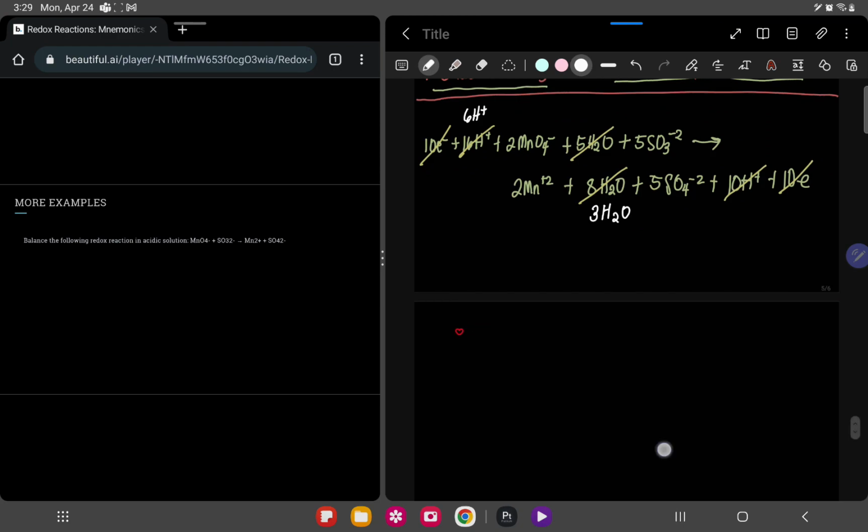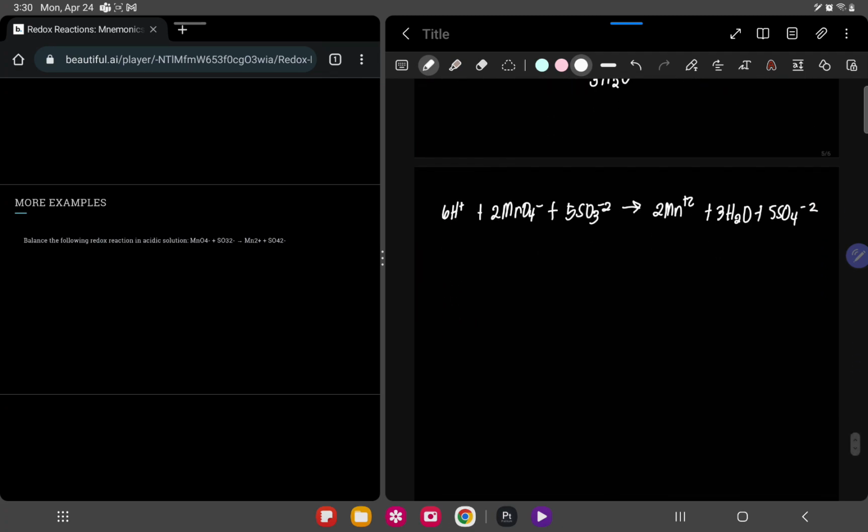So that will be 6 hydrogen plus 2 permanganate plus 5 SO3, then 2 manganese plus 3 H2O plus 5 SO4 negative 2. So this is the simplified equation.